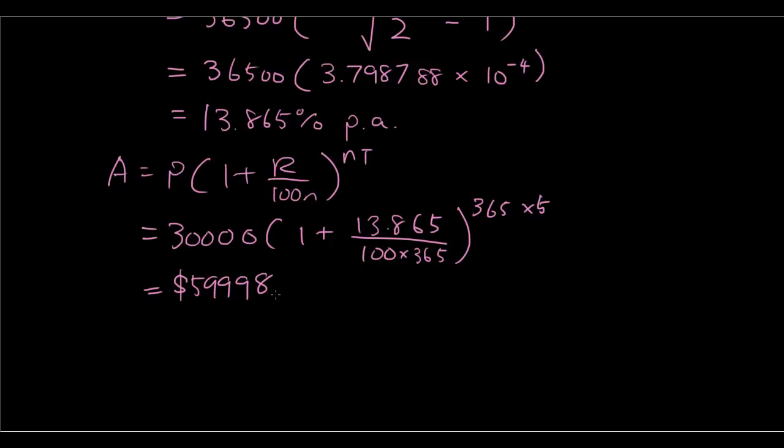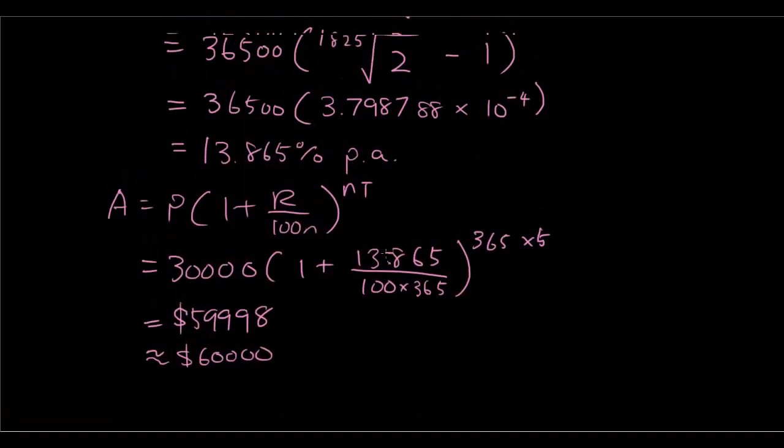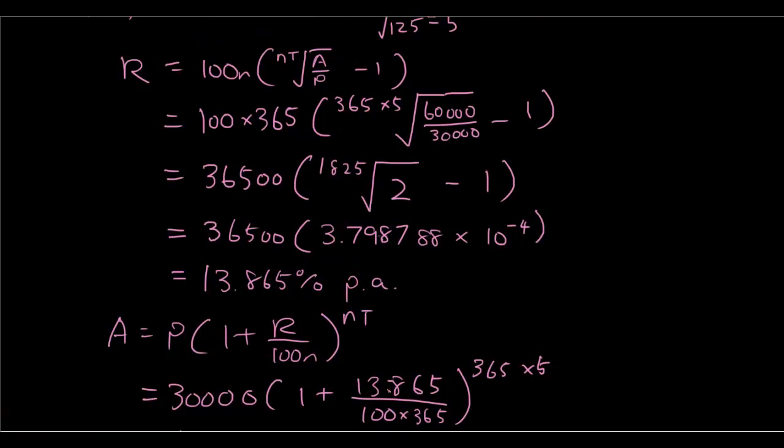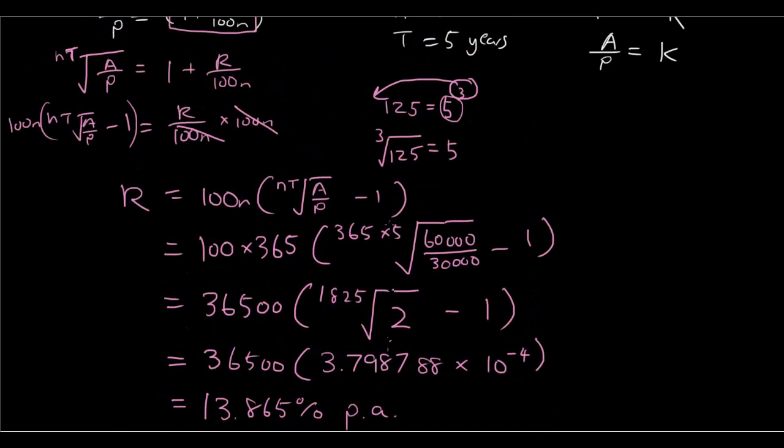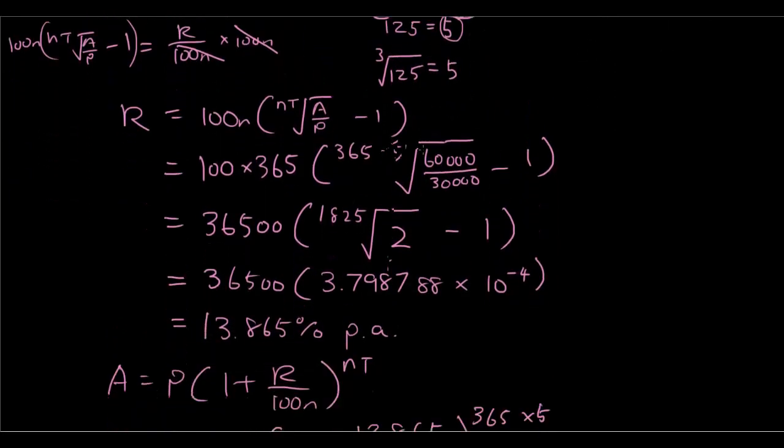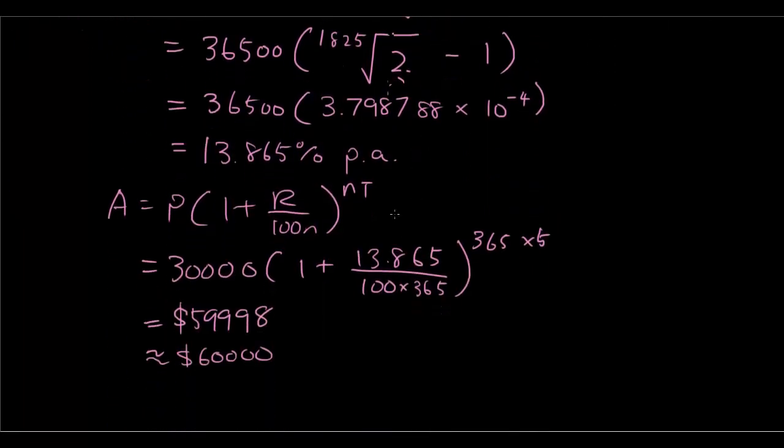So when it's that close to 60,000, you know that you've sort of got it correct. So you might say, well, where did our $2 go? Well, there's a couple of places where we probably rounded off too early, and that might have caused a problem. Technically, you don't round any part of your calculations until the final answer.